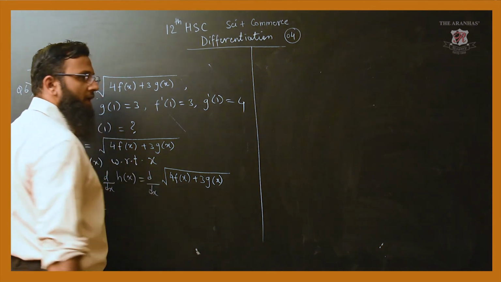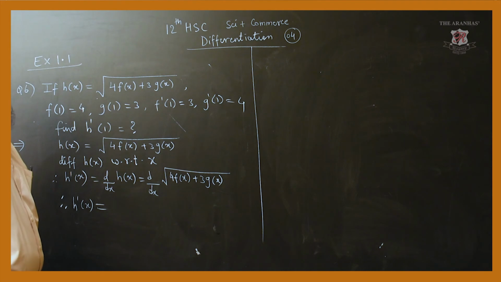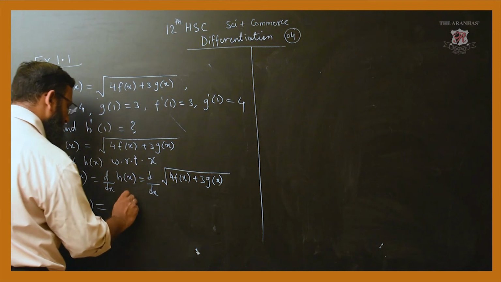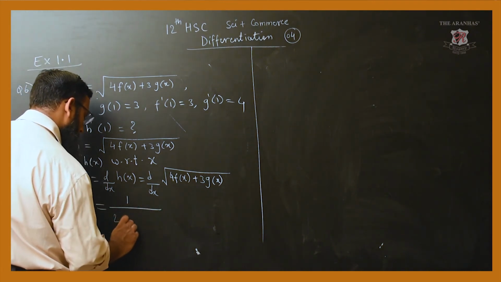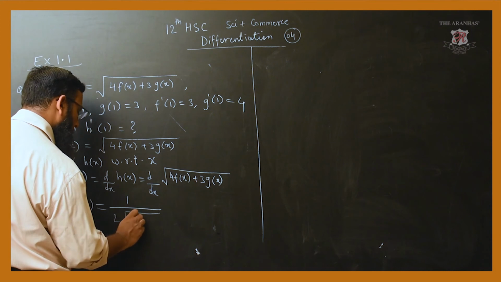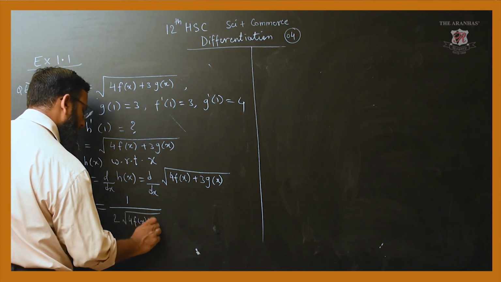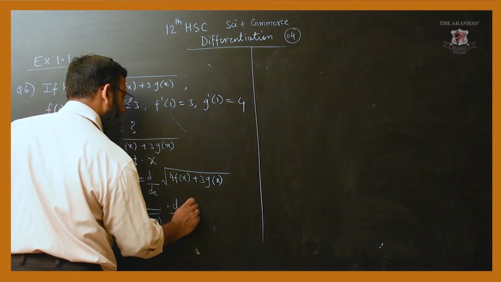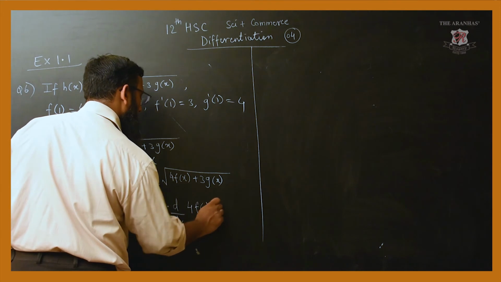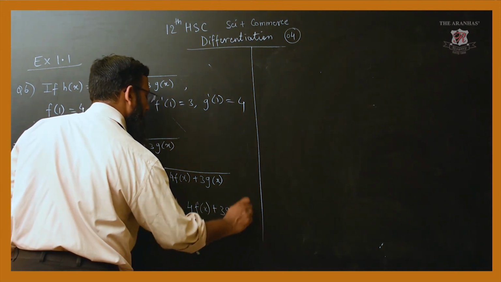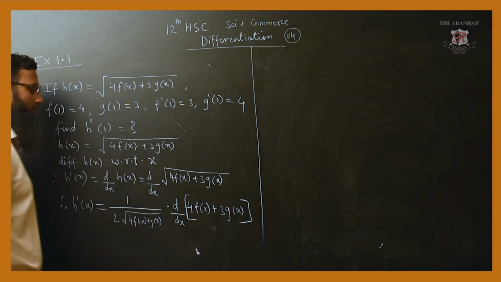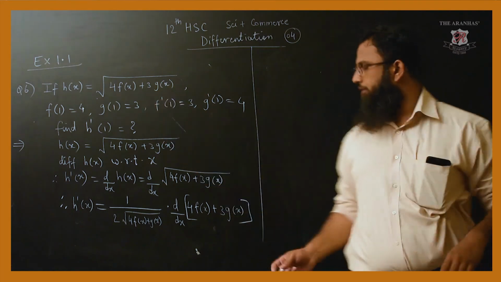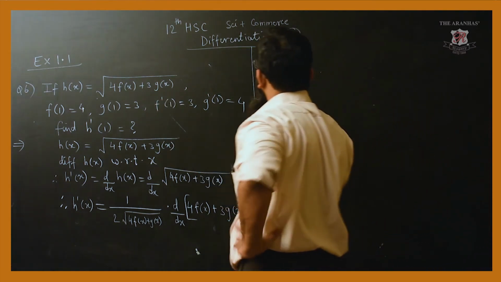The derivative of root f x, a composite function, is 1 upon 2 root f x into f dash of x. So the derivative of the entire thing is 1 upon 2 root of 4 f x into the derivative of 4f x plus 3g x. Very simple. This remains as it is, and just put a dash to f x and g x.